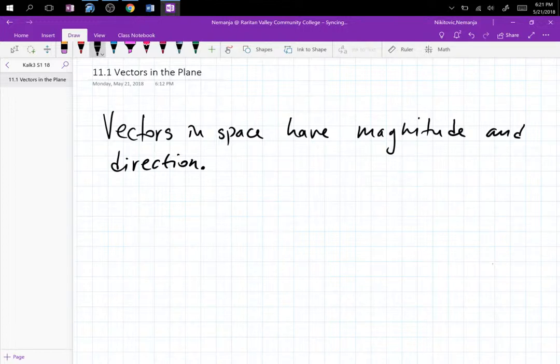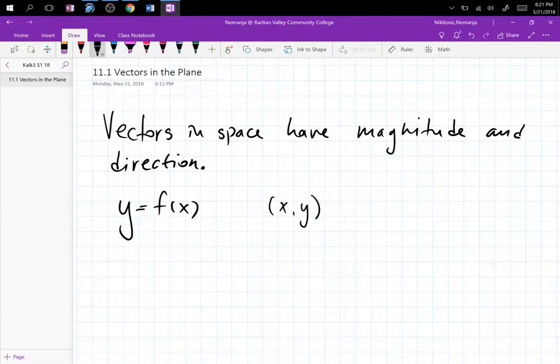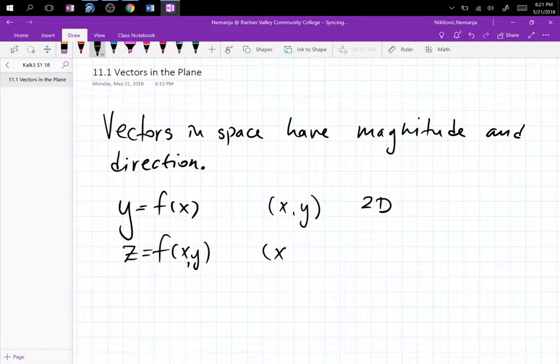You are familiar with y equals f of x, and since you have x comma y as the ordered pair from that space, it's a 2D space. So two-dimensional space because there is dimension x and dimension y. It's very simple. We are going to cover functions z equals f of xy, which creates xyz as a point, which is a 3D space.